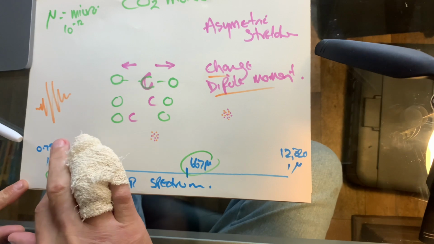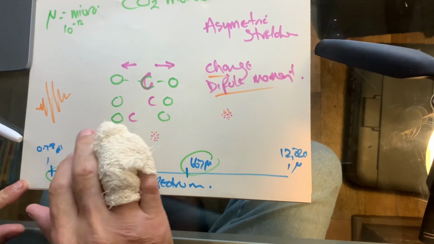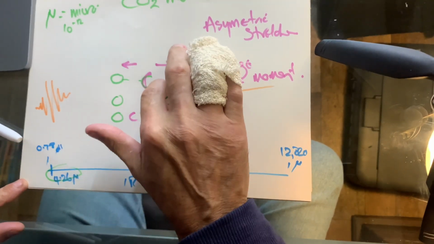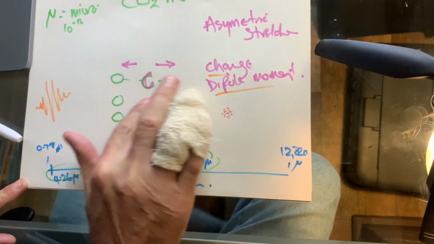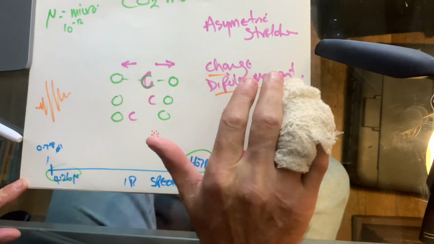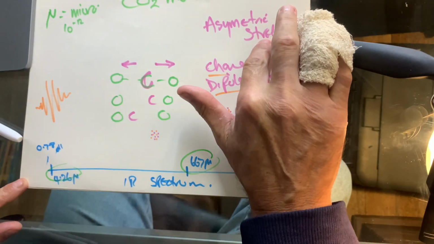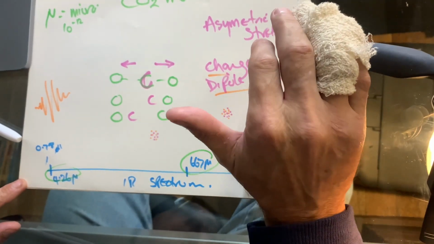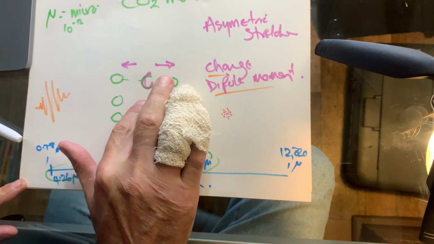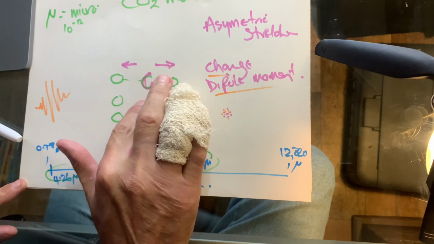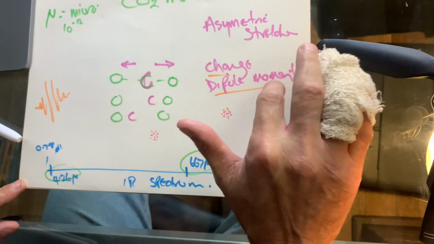An IR photon with a wavelength of 4.26 micrometers hits the CO2 molecule and it starts vibrating by shifting that carbon backwards and forwards. That's a type of vibration called asymmetric stretching. As the carbon moves between these oxygens, it changes the dipole moment.